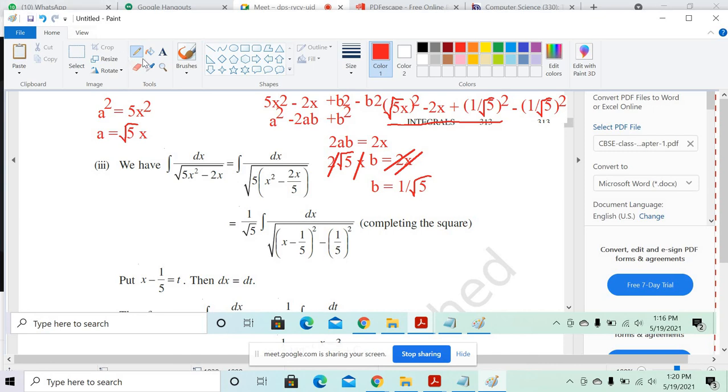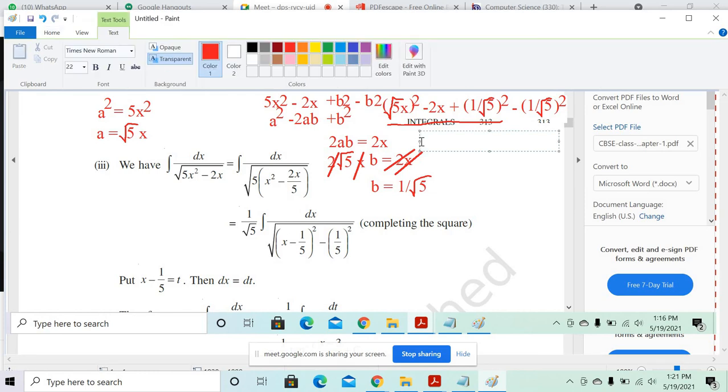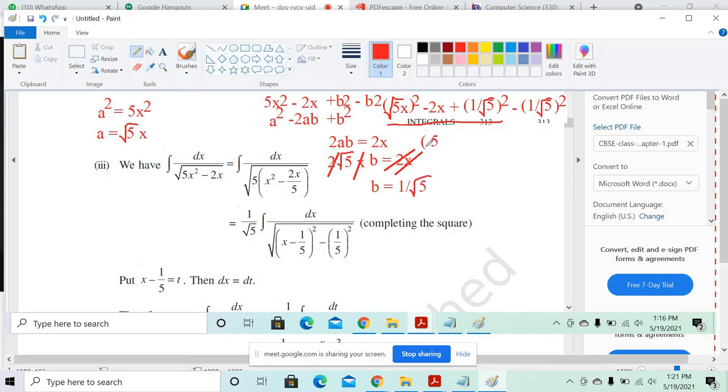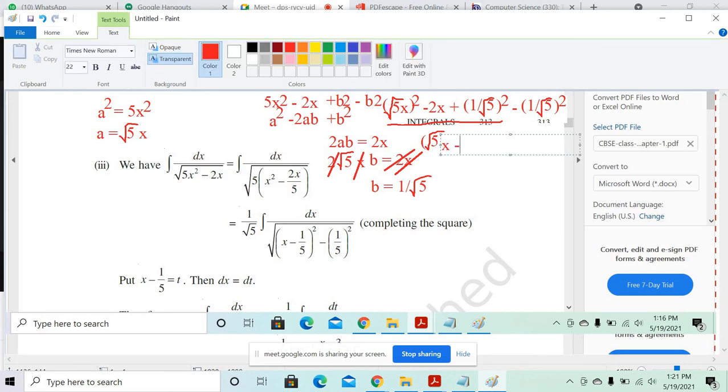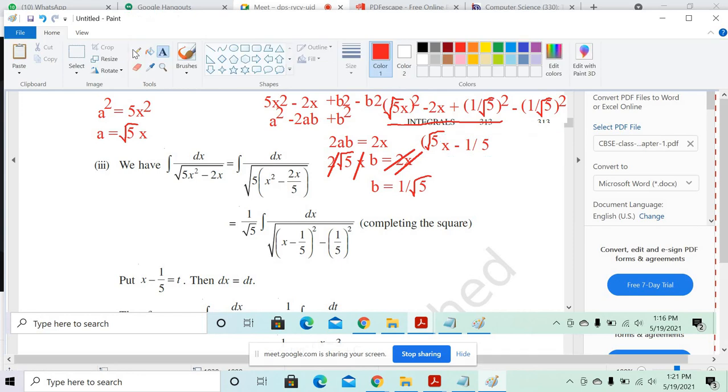Then you can just take it out. This becomes the completing the square. Now finally you got this part as root 5x minus 1 by root 5 whole square, correct?